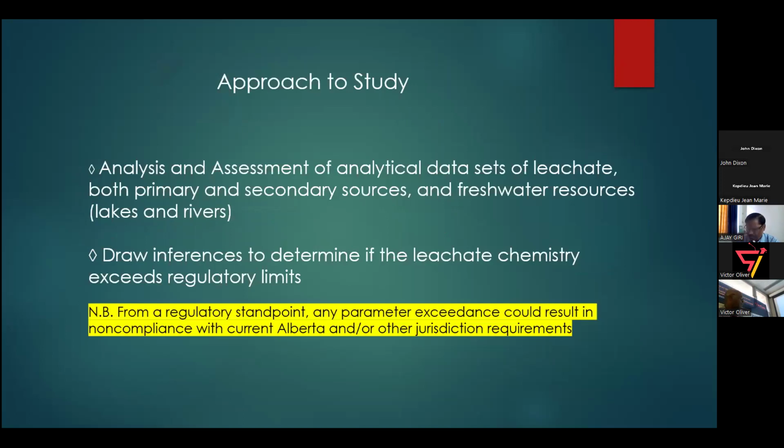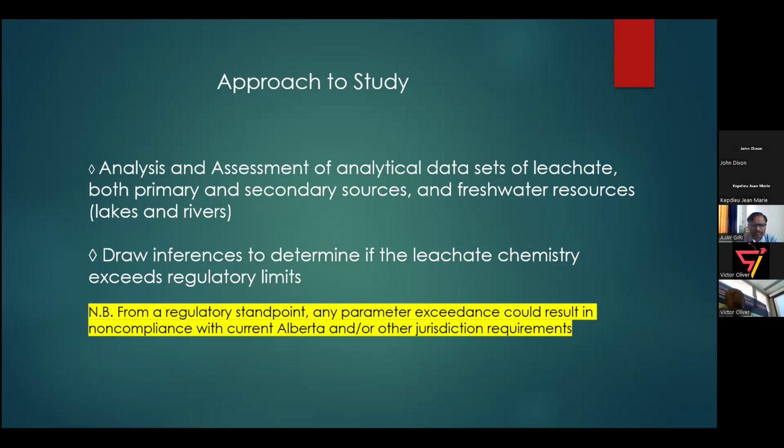So how did we approach that? We did some analysis, using data collected from both primary and secondary sources, and also information we got from freshwater resources, in terms of lakes and rivers.